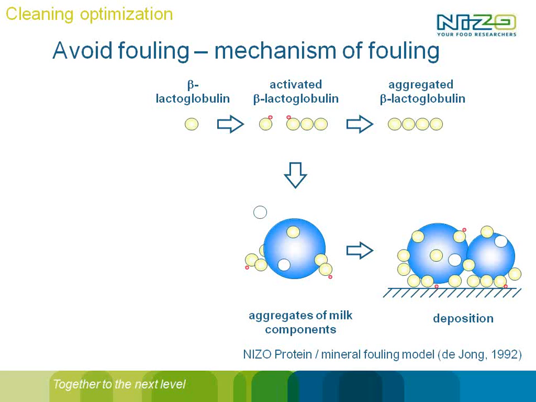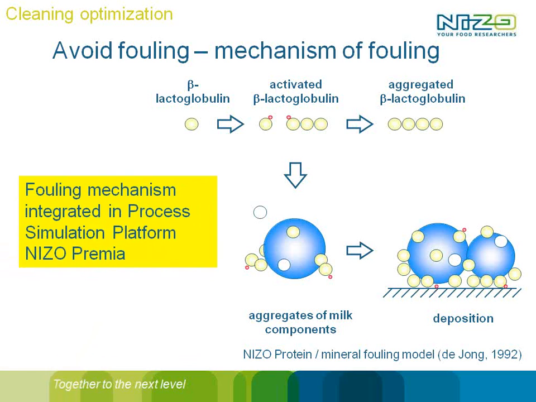What we did was implement this mechanism into our process simulation platform called NIZO Premia, and Premia stands for Predictive Models for Industrial Applications. The picture I show here is a very qualitative way of showing it. We added kinetics to that.